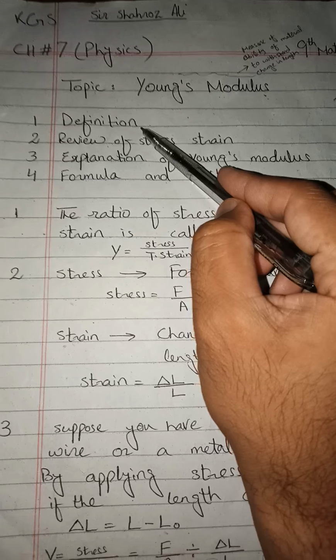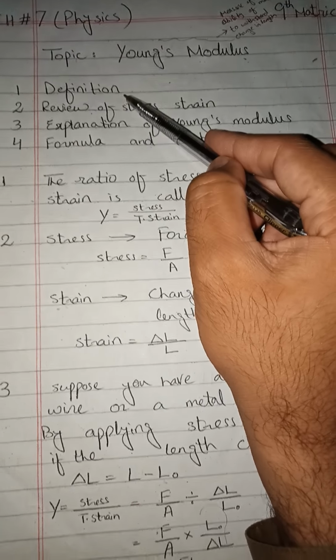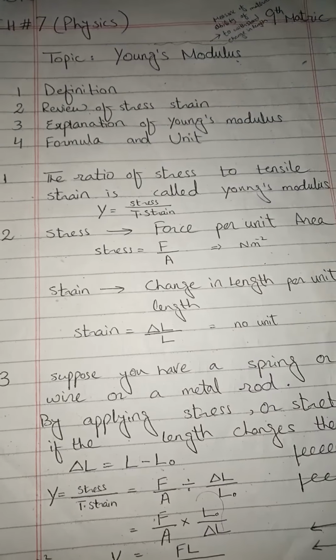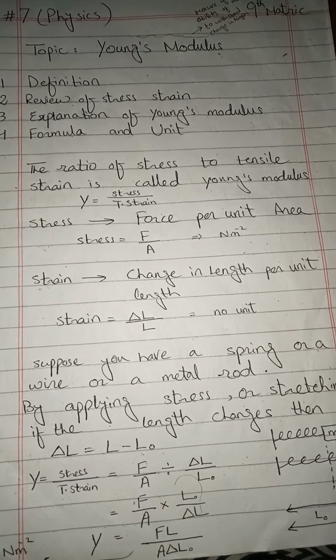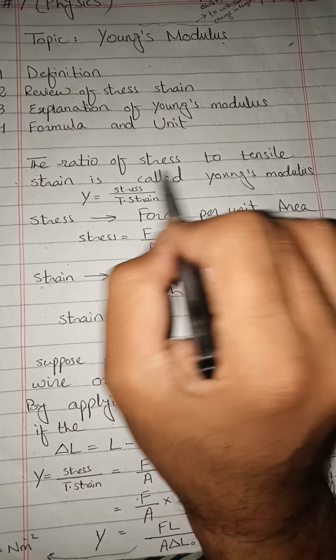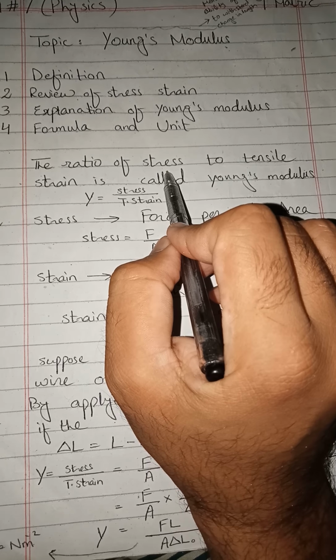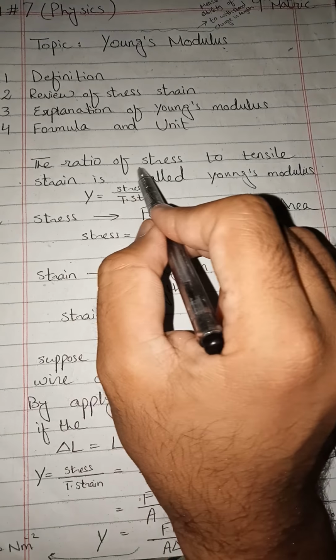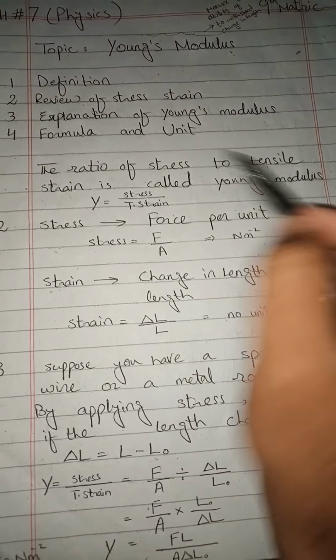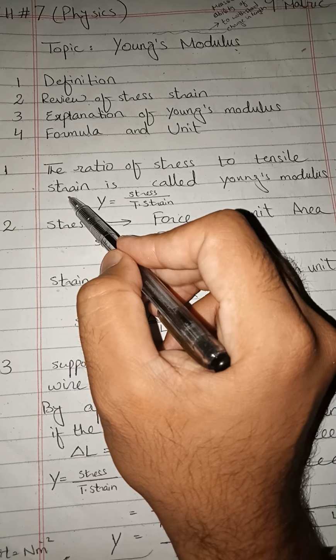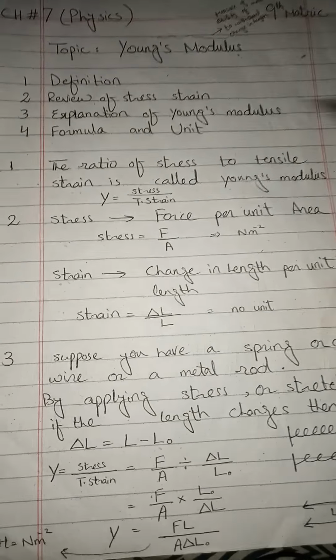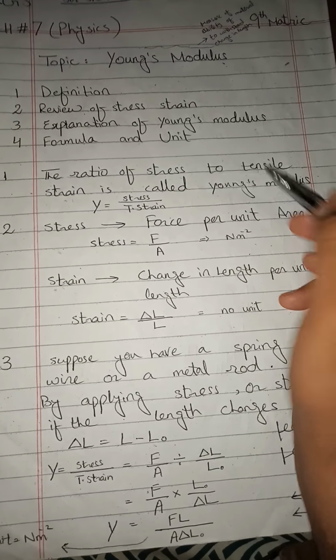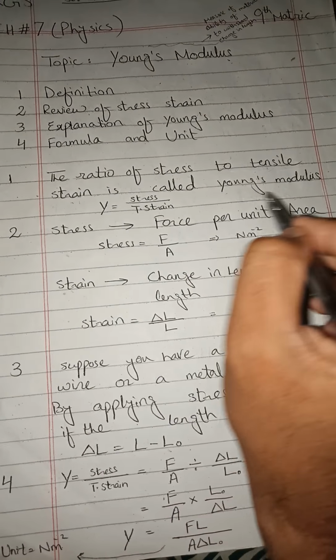So let's move towards the first point. What is the definition of Young's modulus? Young's modulus is basically the ratio of stress and strain. Stress, which we discussed in our previous lecture, is the force per unit area. The ratio of stress to the tensile strain, here we are talking about deformation in length, is called Young's modulus.